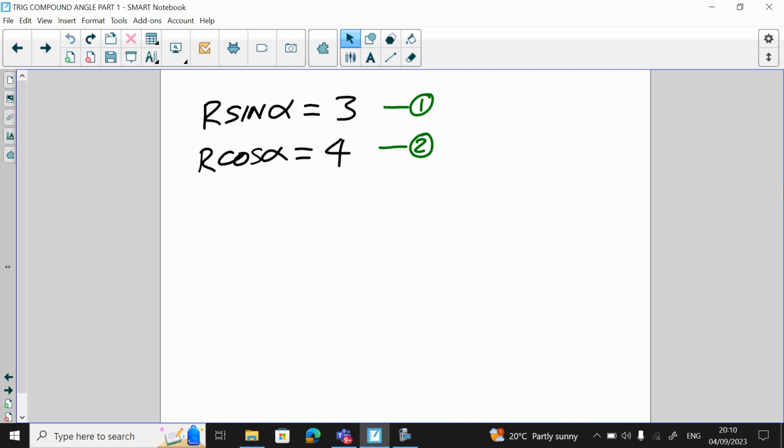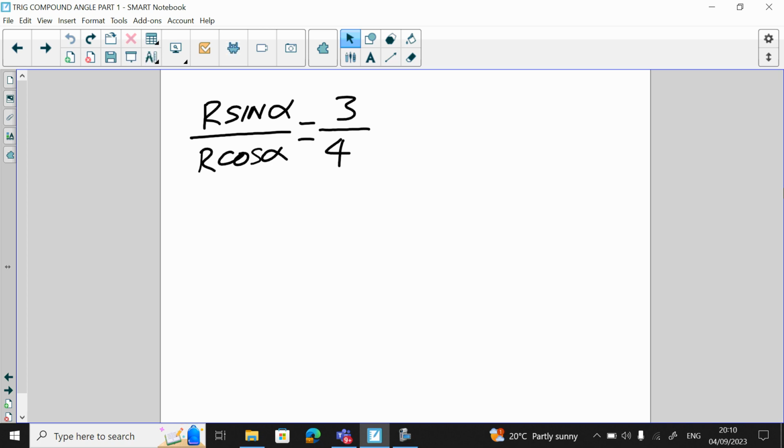I'm going to label these equations 1 and 2, and I want to pin down alpha. So I'm going to divide equation 1 by equation 2, and it'll cancel out the R values. I've just brought them together, and the R values cancel out top and bottom.